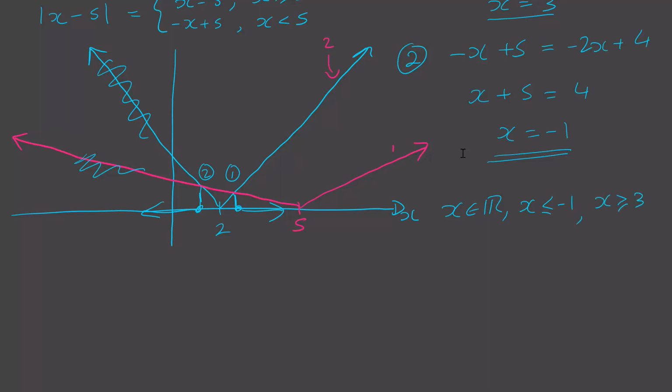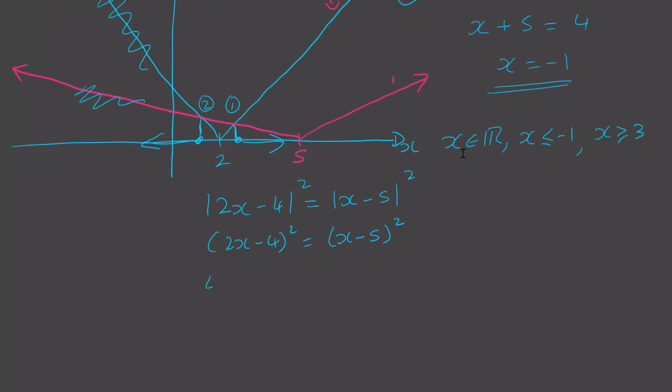Now we can certainly do that by squaring both sides. So what we do is look for intersections first and put these equal to each other. And then if we square them, we know that we don't need the modulus. Like so. So we've got 4x squared minus 16x plus 16 is x squared minus 10x plus 25.